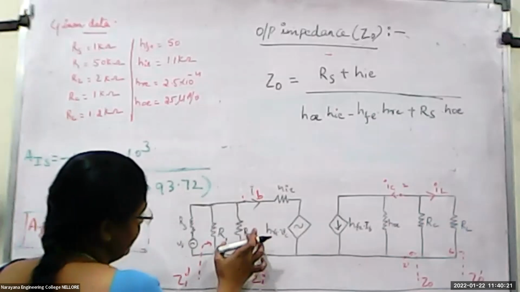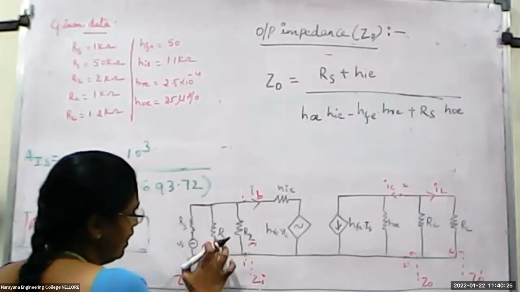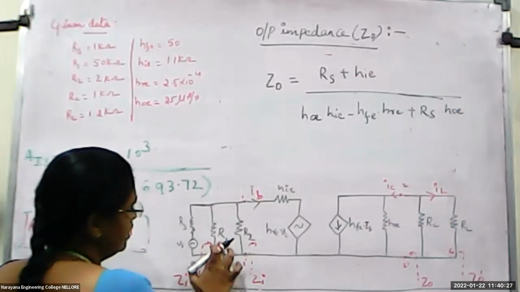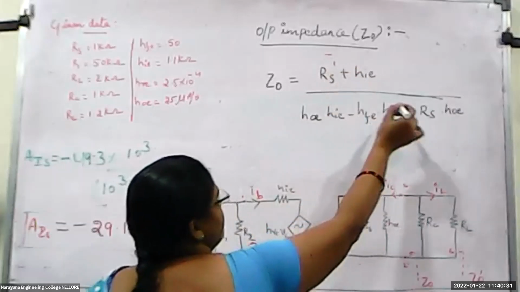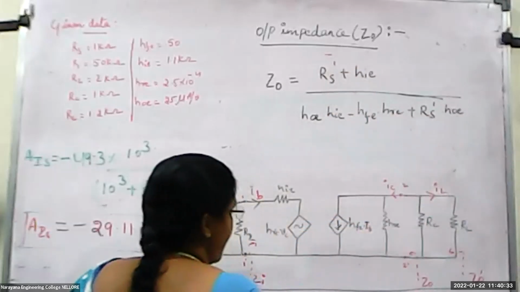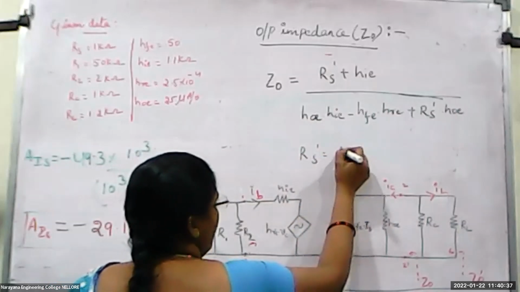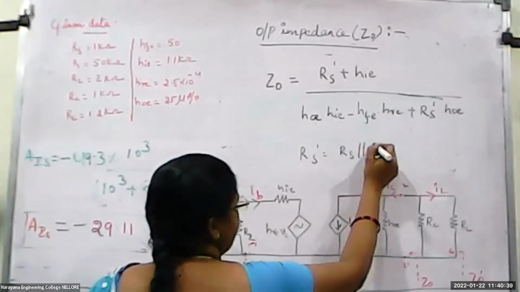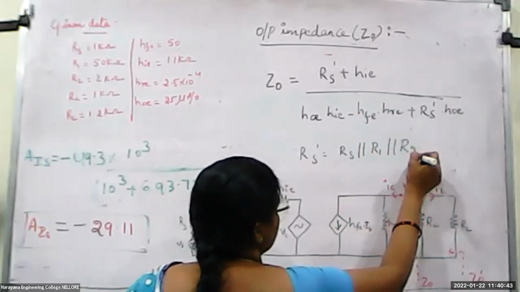But here RS means the total; you have to consider all these resistances. That is, RS is parallel with R1 and parallel with R2. I can make this as RS dash. RS dash is equal to RS parallel with R1 parallel with R2.